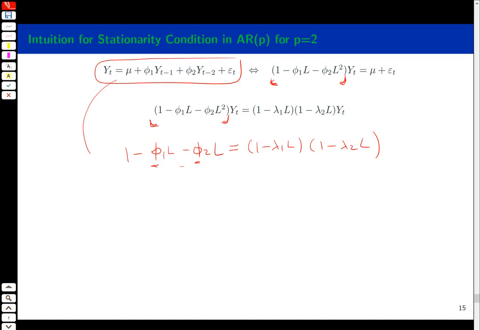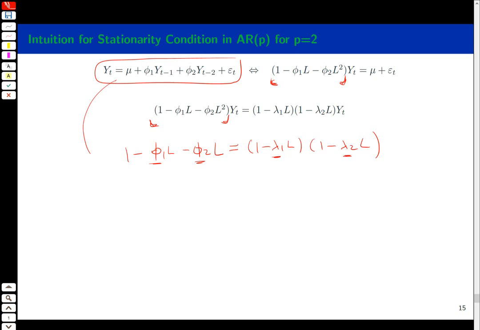So this is what the next slide gets at. Take an example, we have an AR2 model here. Well, we can rewrite this in its lag operator form.